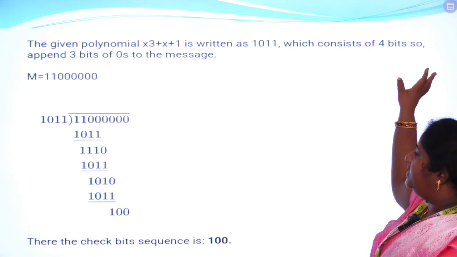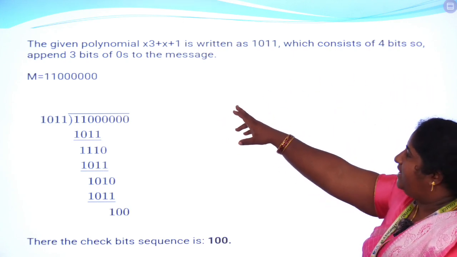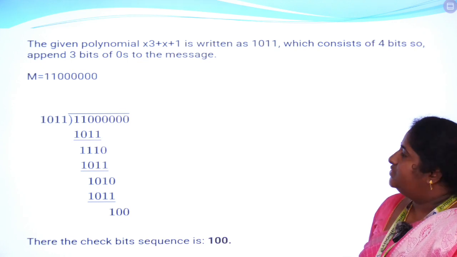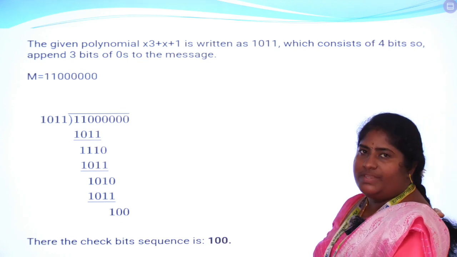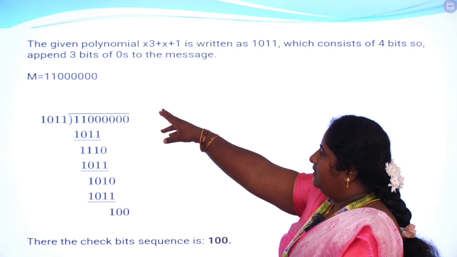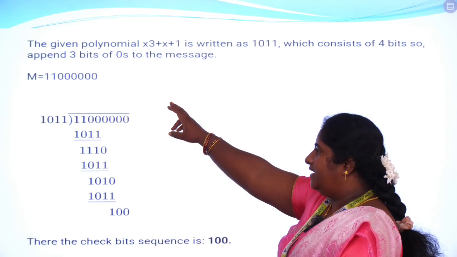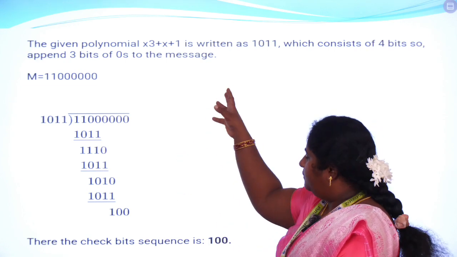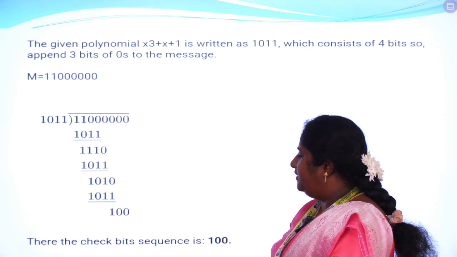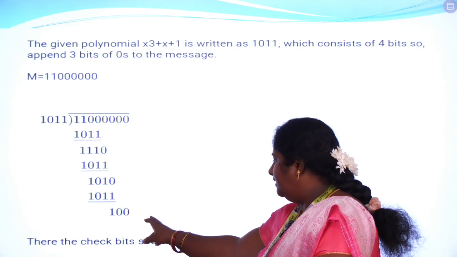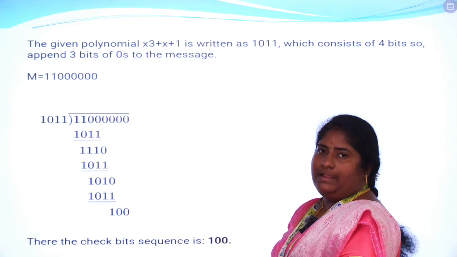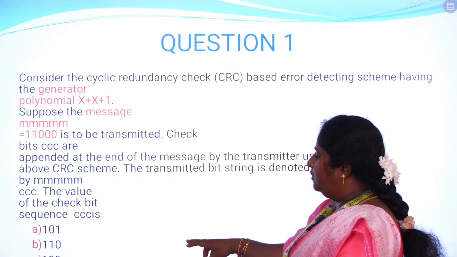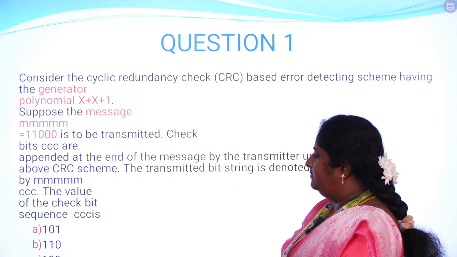It consists of 4 bits, so we are going to append 3 zero bits at the end of the message we are going to transfer. The message is 11000000. We take that message and do the division. After doing the division, we end up with the check bit sequence 100. So the answer to this question is 100, option C.